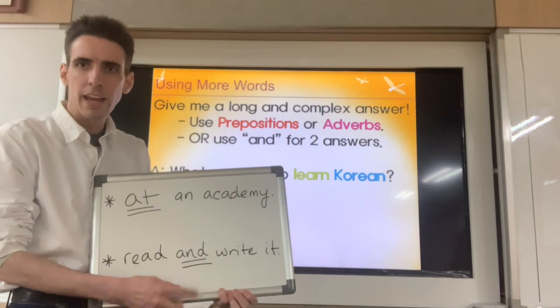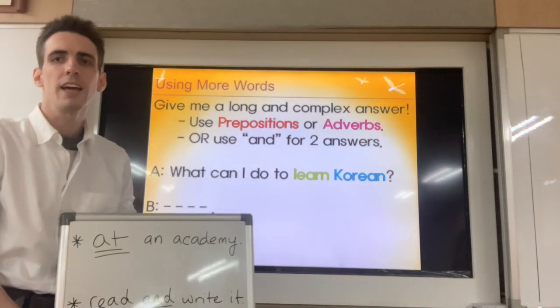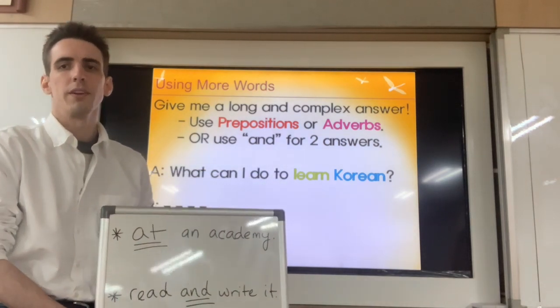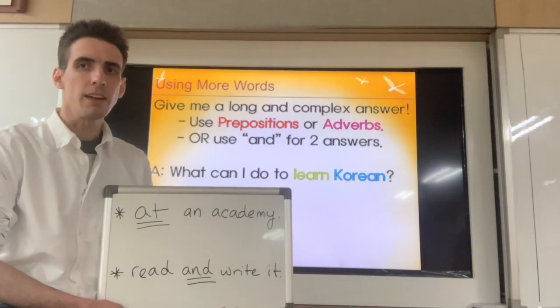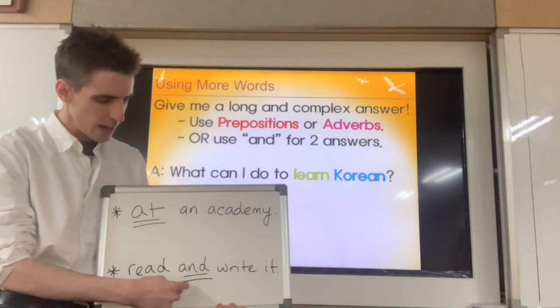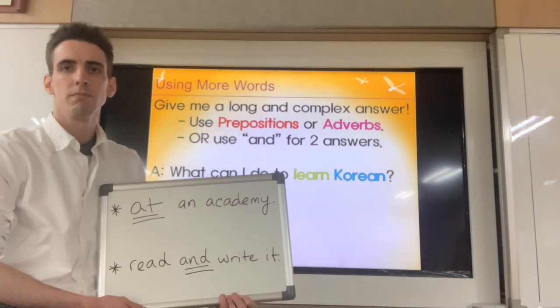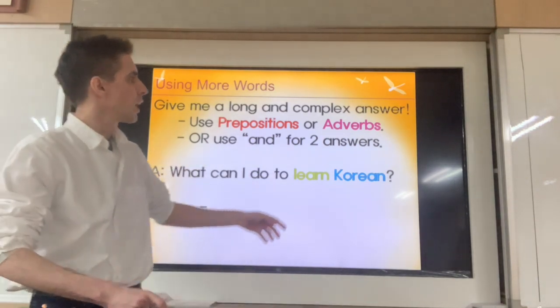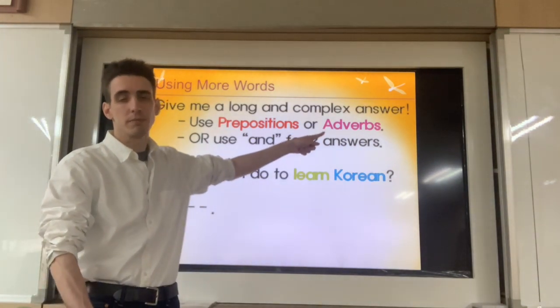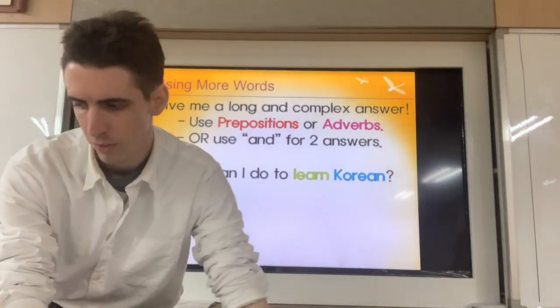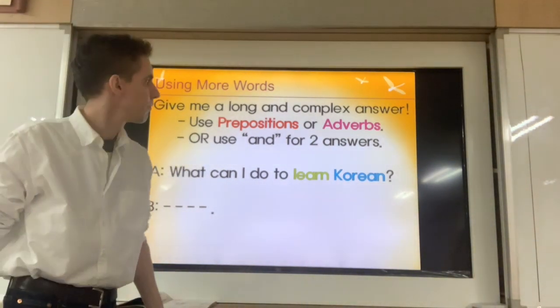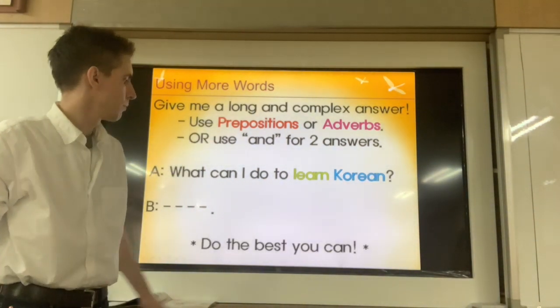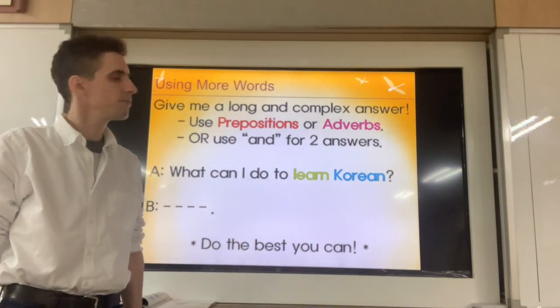So that's what our and is down here. What can I do to learn Korean? You can read and write it. You can read it and write it every day. Every day. Okay. So, do the best you can.